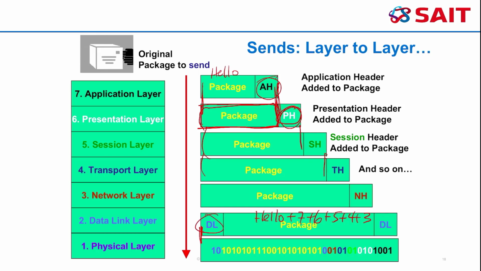And then it's packaged with its layer 2 information on either side, and it becomes one big message where the hello is the actual meaningful data that's being communicated. The rest of it, the ones and zeros, are all there just to get that package, if you will, or that message, through to its proper destination over a wide area network like the internet.